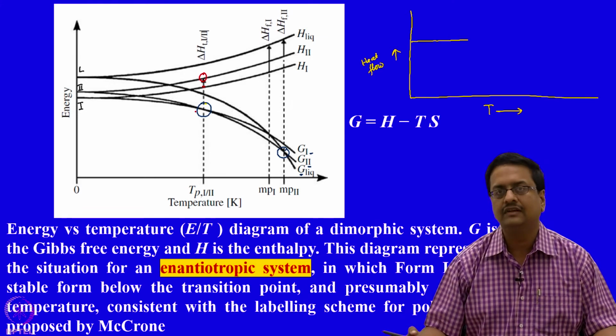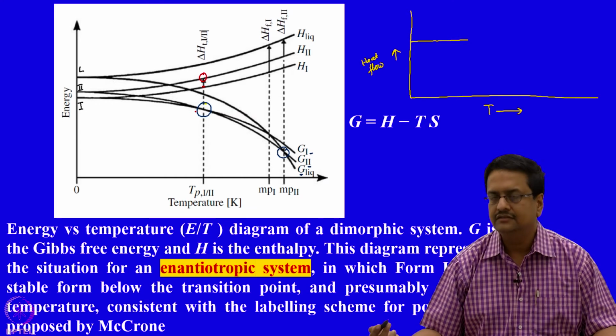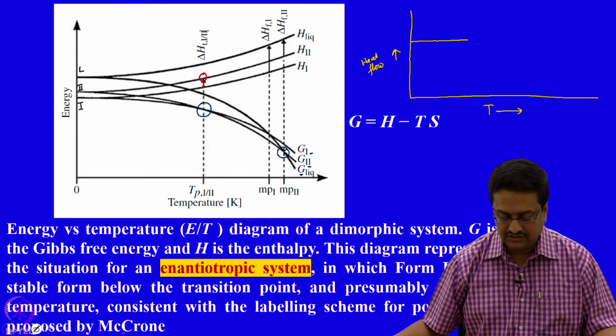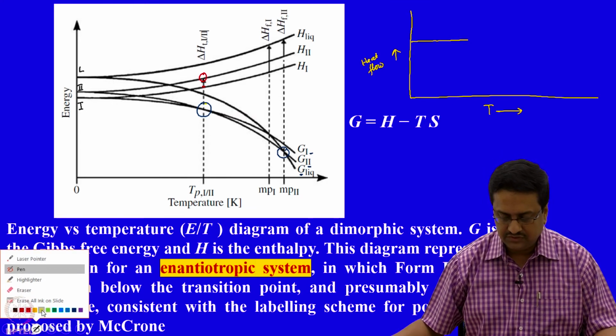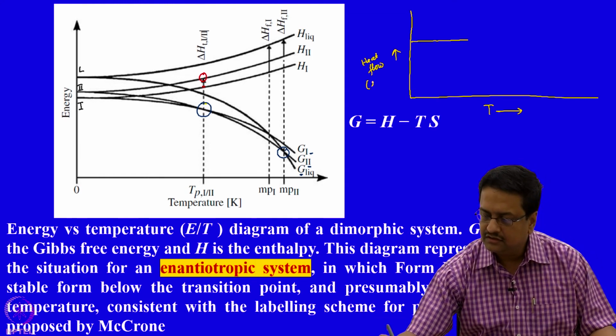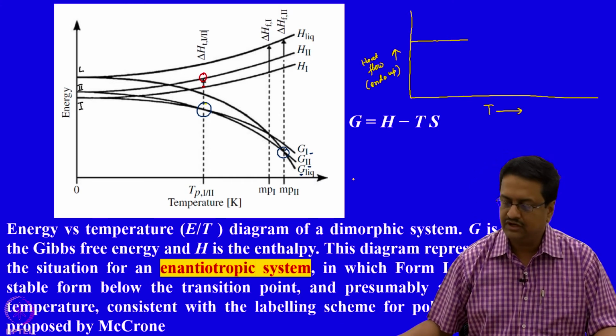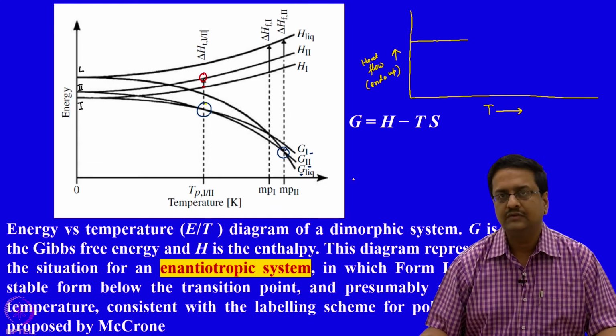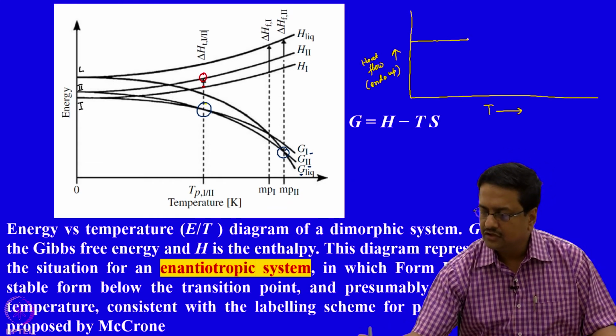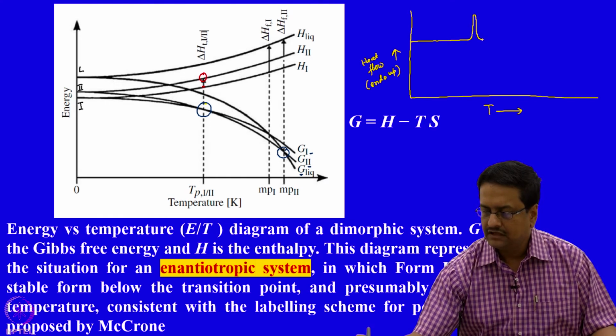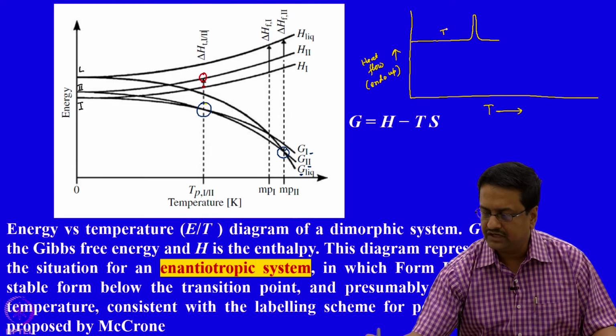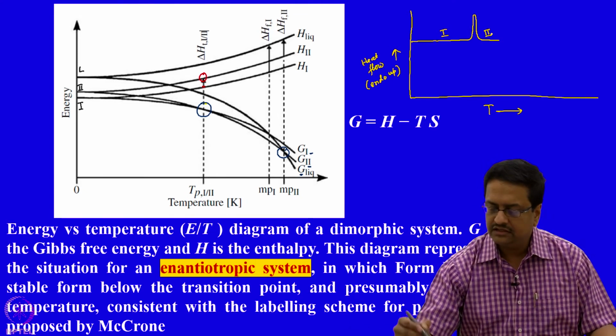So, form 1 will absorb energy and get converted to form 2. If we plot endothermic transformations up, then this transformation of form 1 to form 2 is an endothermic transformation, it absorbs heat. So, we should see a peak. Before the peak it is form 1, after the peak it is form 2.